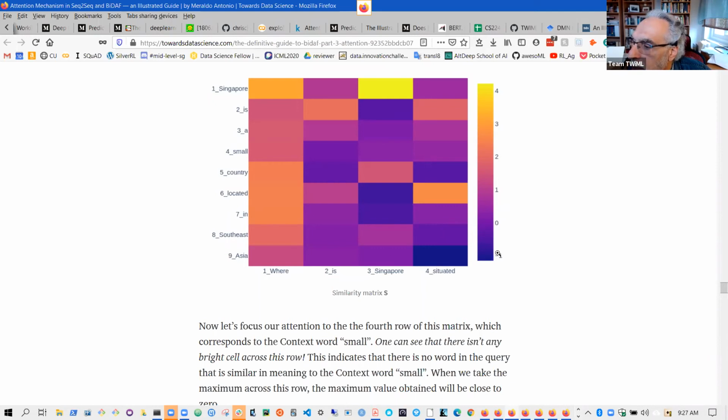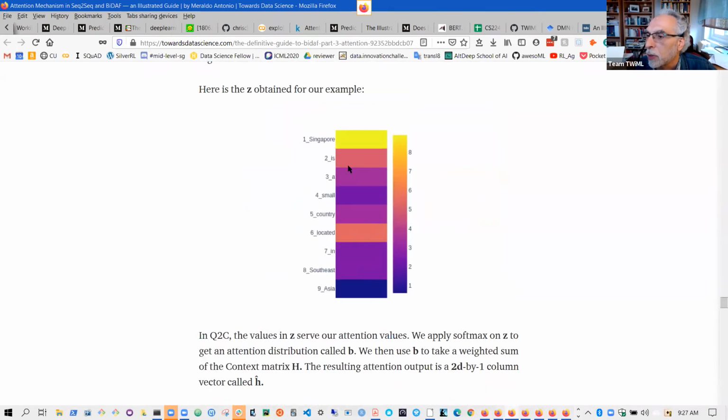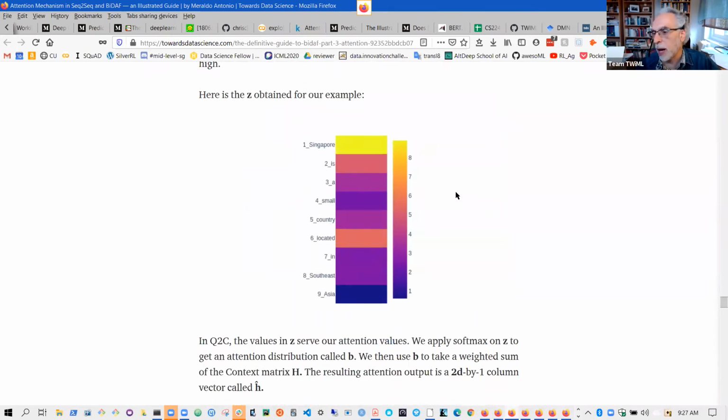So if you look at the maximum in this row, it's this color here, which is somewhere around 1, right? But here we see that it's dark blue, but that's okay because the color scheme is different, and here dark blue still corresponds to 1. Does that make sense?